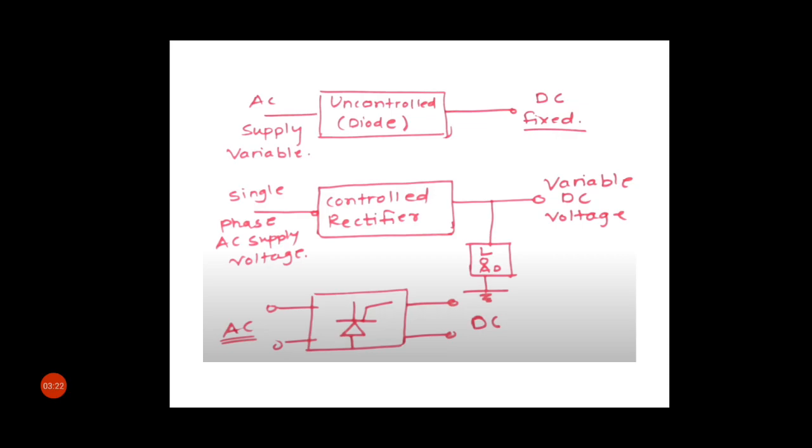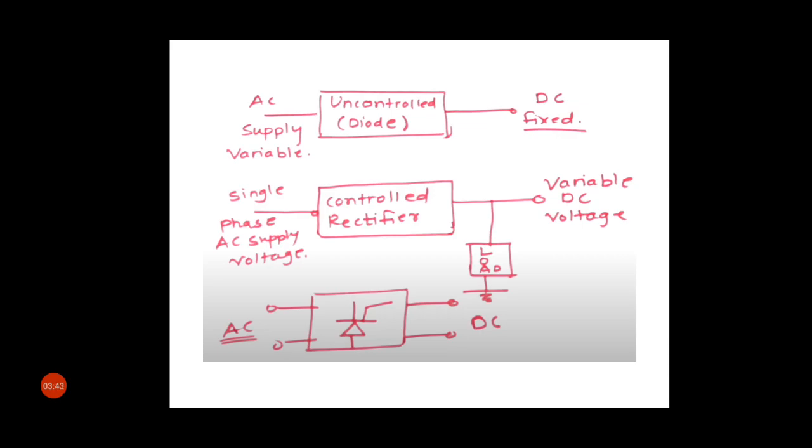In the block I have used one symbol. This symbol basically represents SCR. So see here, AC supply can be converted into variable DC supply through this SCR.